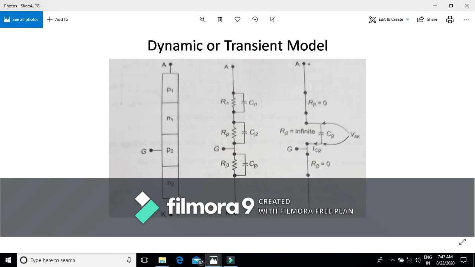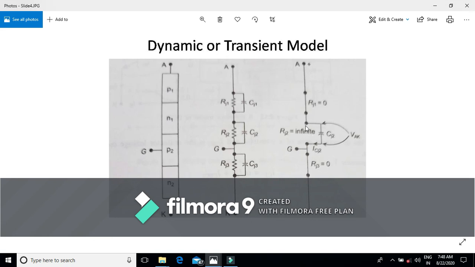Since we are applying the forward voltage, the junction capacitance CJ1 and the junction capacitance CJ3 become insignificant as they are short circuited by the resistances RJ1 and RJ3. That means RJ1 is equal to 0 because it is forward biased, and RJ3 will be equal to 0 as it is forward biased.